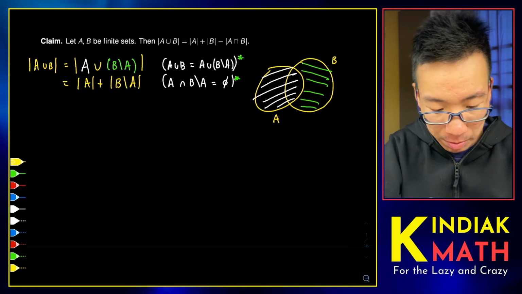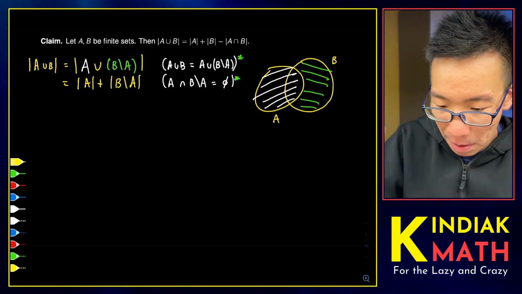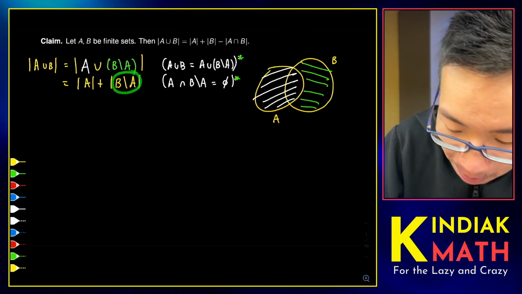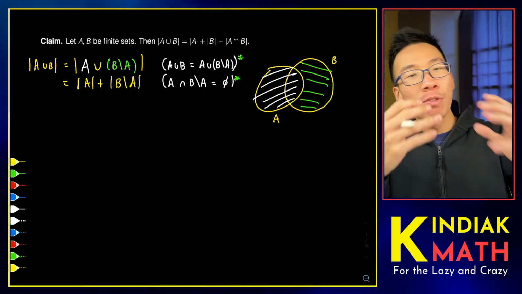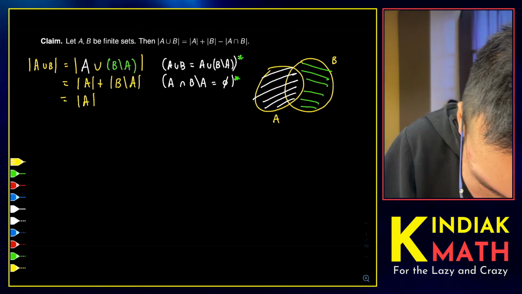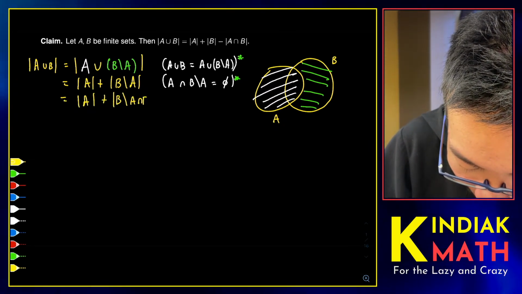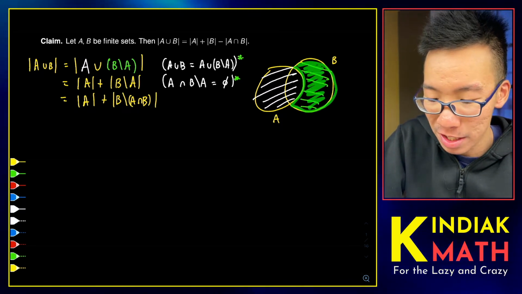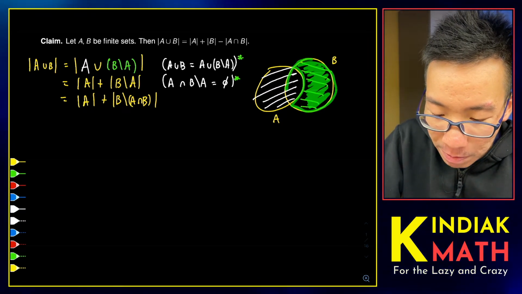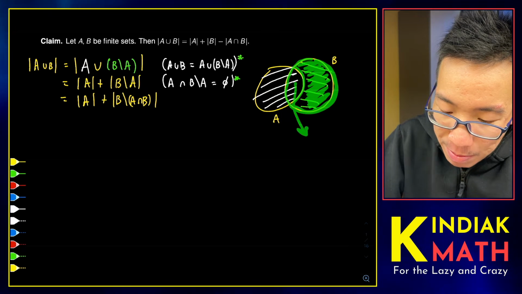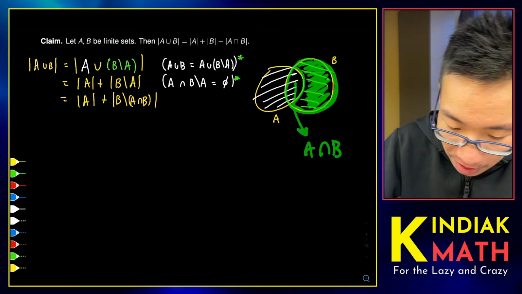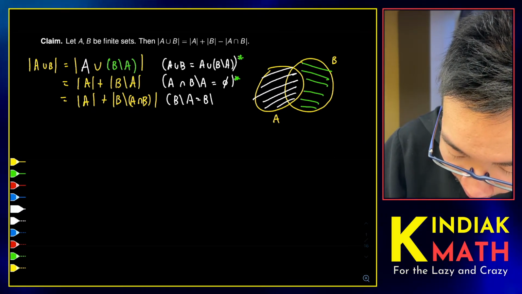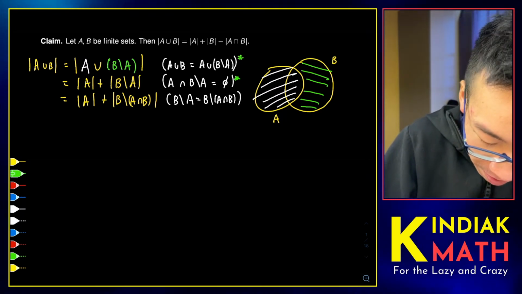So green star will represent an exercise with which you can help to verify and make sure that our claim is legitimate. Now the next part is the observation that this B excluding A bit over here can really be written as B excluding A intersect B. Roughly speaking, B excluding A refers to this crescent-ish shape, which is all of B excluding away this middle bit, and this middle bit is A intersect B. So once again, you can go ahead and verify that this statement is legit.